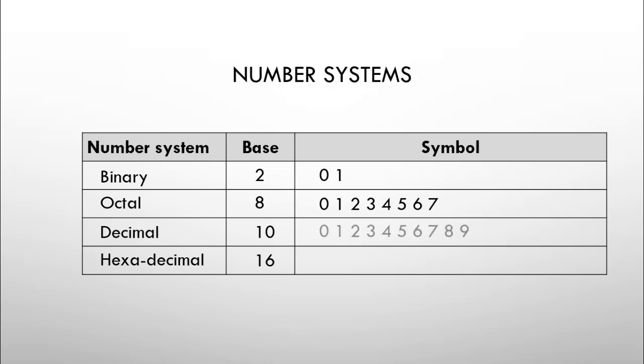Then decimal, 10 values, that is 0 to 9. And the final one, hexadecimal, I have 16 values, 0 to 9 and 10 to 15 will be represented using alphabetical symbols. This is because after the value 9 I have the value 10.